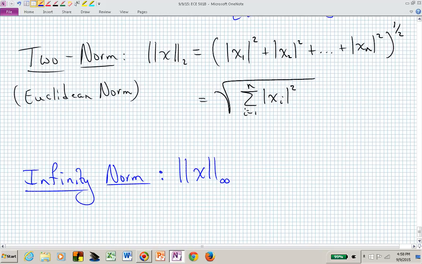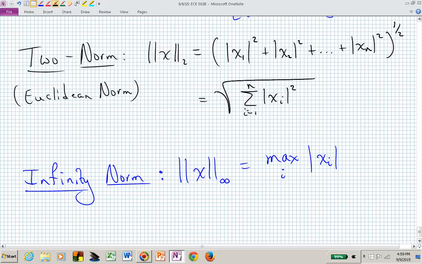You look at the max over all of your coordinates of the absolute value or the magnitude of those coordinates. Because what are you doing? You're taking the infinite root after you've raised it to the, well, you're not getting there, but in the limit. And that's going to pick off just this largest component in your vector.